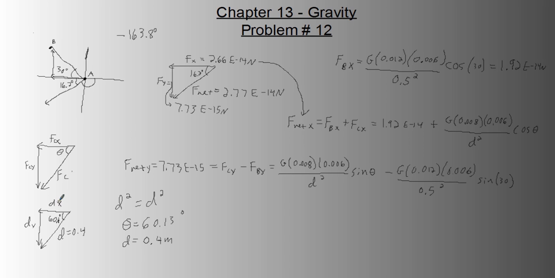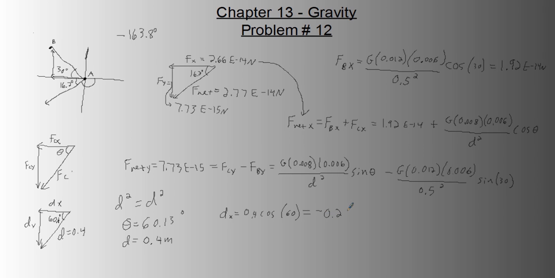So we do SOHCAHTOA. Dx is 0.4 cosine 60. I'm rounding like crazy. And that equals negative, because it has to be over, here's the origin, so it has to be over this far. So negative 0.2.